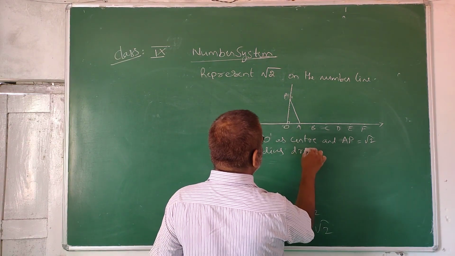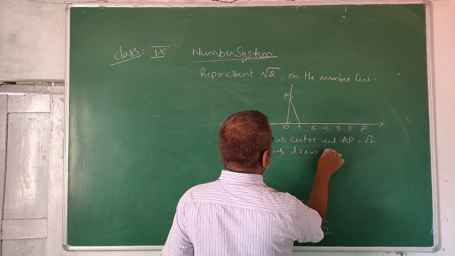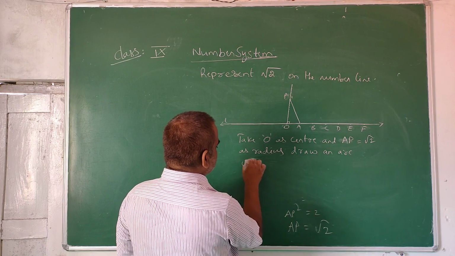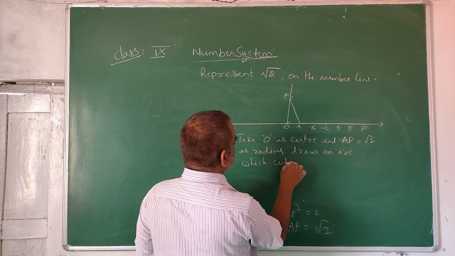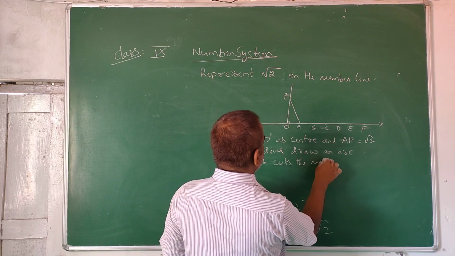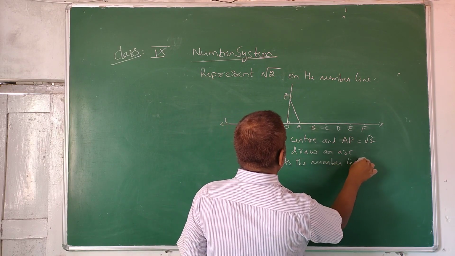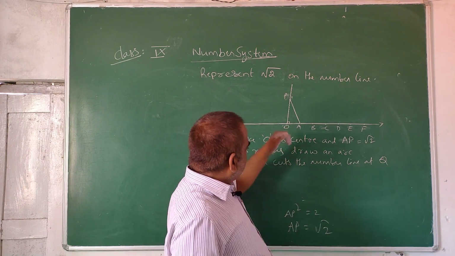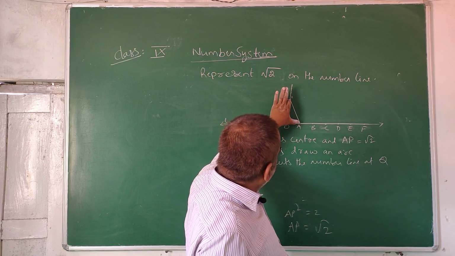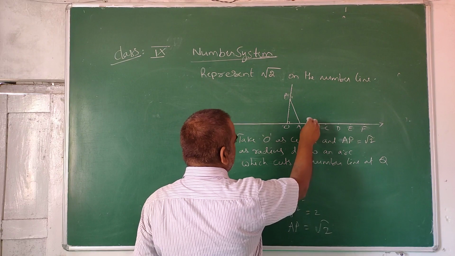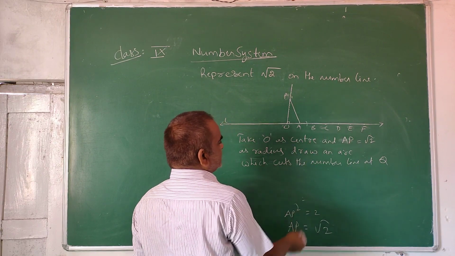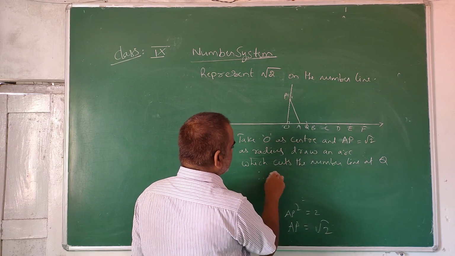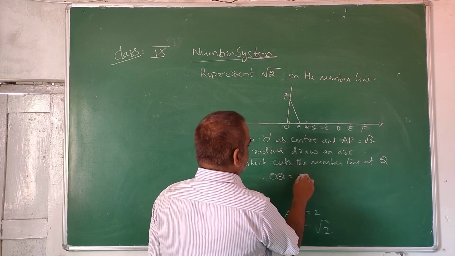Draw an arc which cuts the number line at some point Q. So we are taking O as center, this AP as radius, and we are taking an arc which cuts the number line at some point Q. Therefore OQ is equal to root 2.